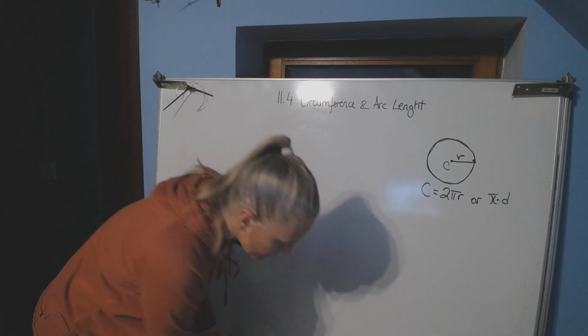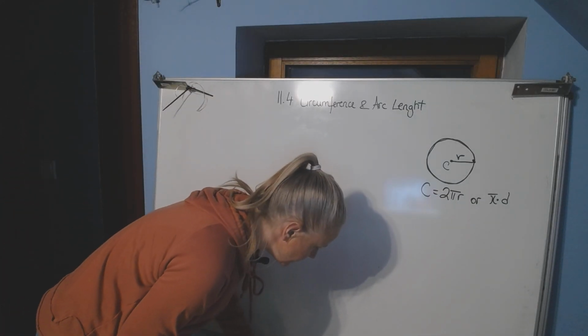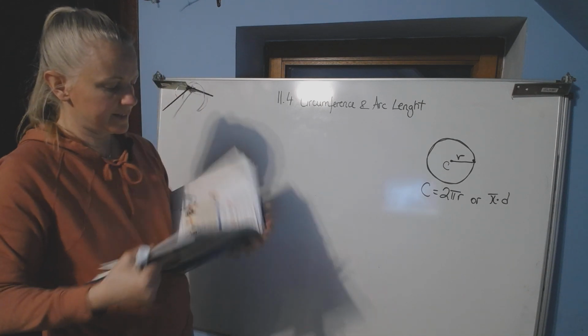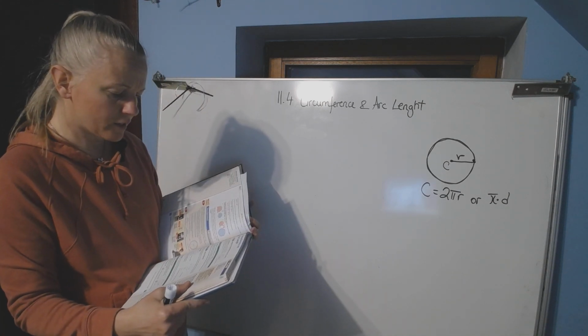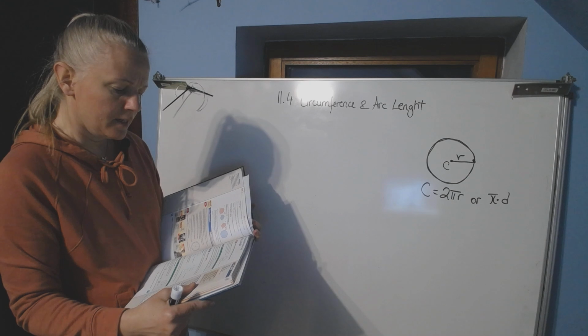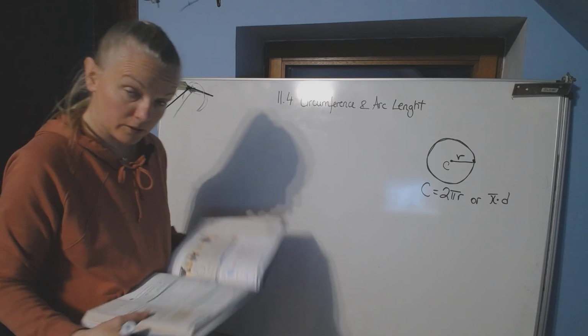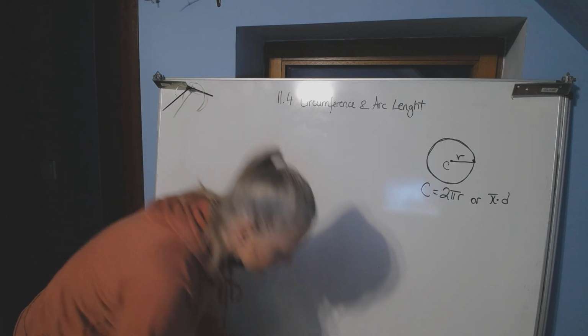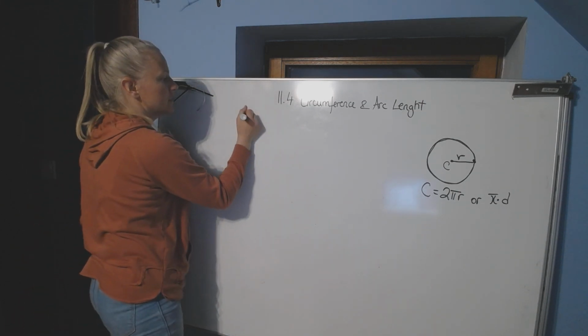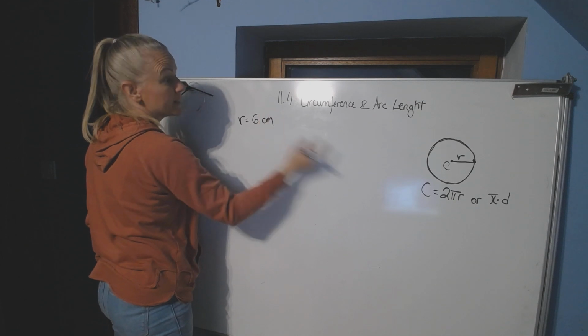Okay, let's look at example 1. That's probably the easiest of the lessons today. It says, find the circumference of a circle with a radius of 6 centimeters. Well, that's just your formula.